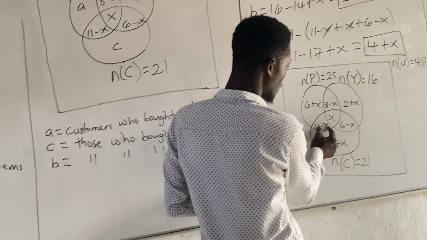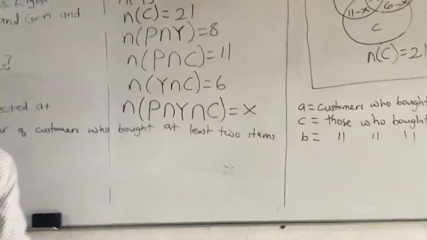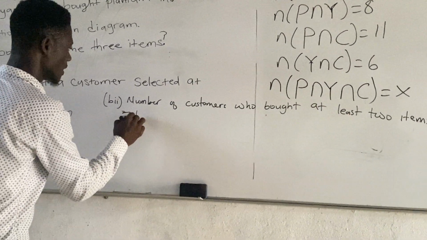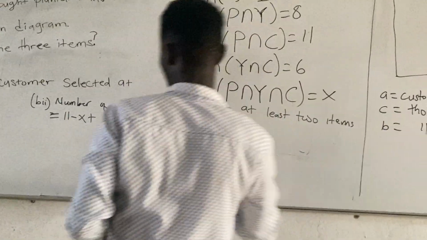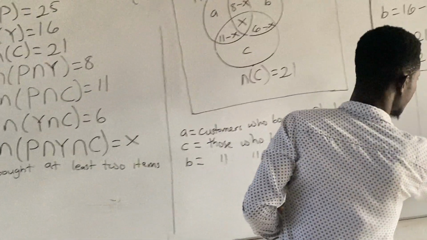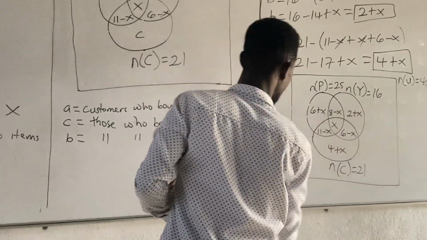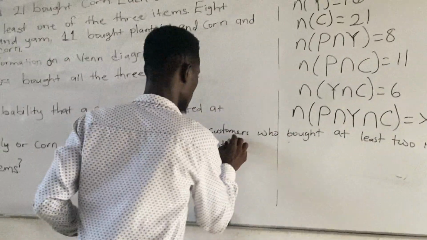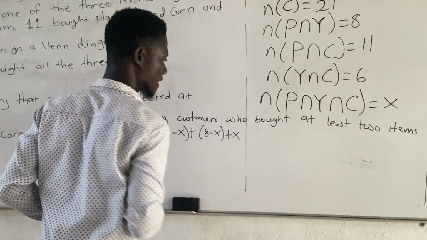So it's 11 minus x plus 6 minus x plus 8 minus x plus x.